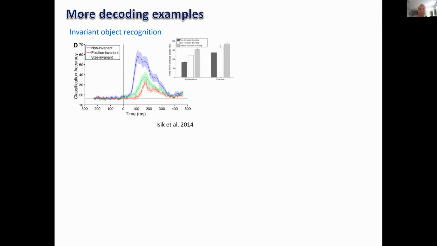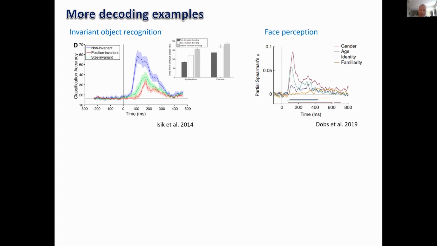In some way, it's like convolutional neural networks achieve such ideas by doing convolutions in space, being invariant in space, and we have the same ideas in the brain. So this is decoding the stimuli as they are, and this is decoding with size invariance, and this is with position invariance.